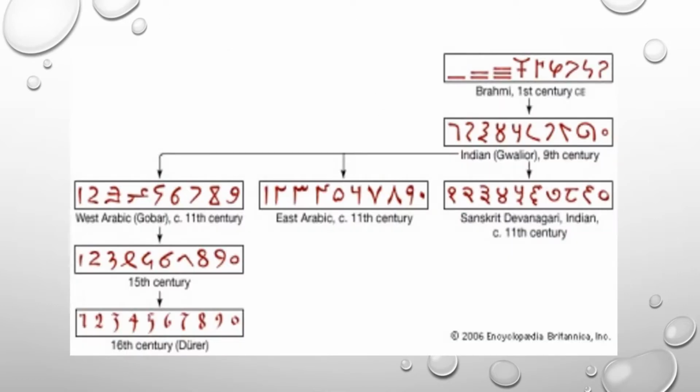So here we can see it will start from Brahmin 1st century, and then it will split into 3 main families: Western Arabic, Eastern Arabic, and Sanskrit Indians.